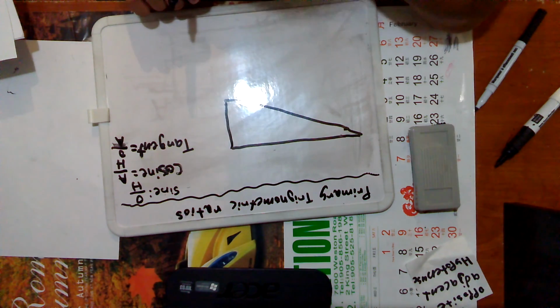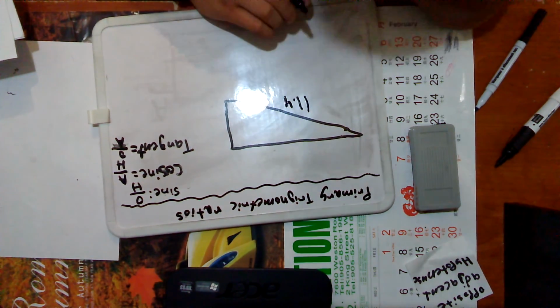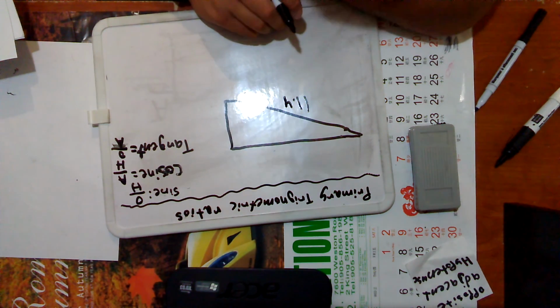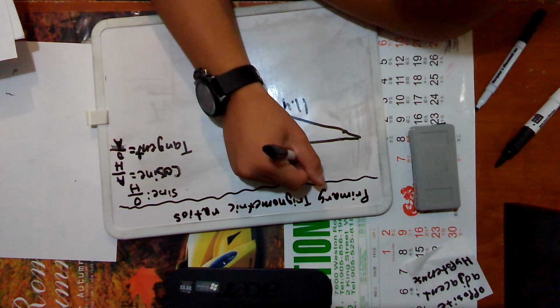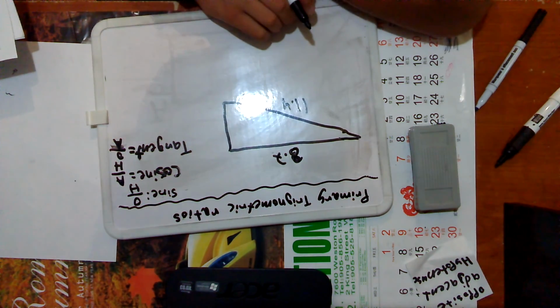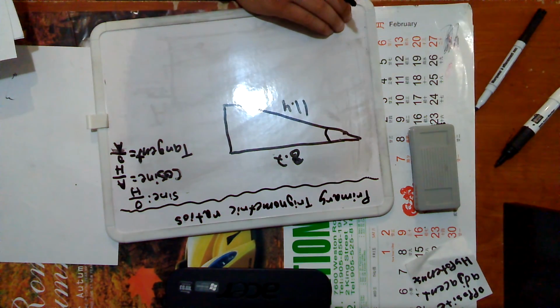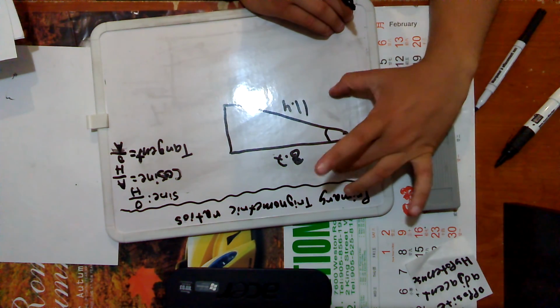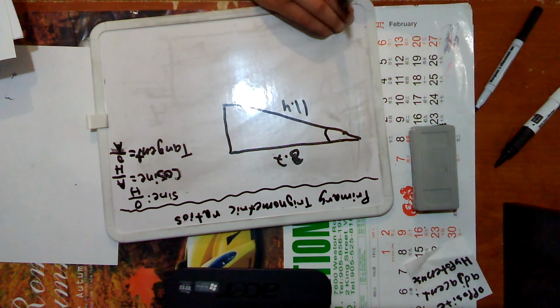Let's just say this is 11.4 and this is 8.7, and our reference angle is here. I can think of any numerical value right now, but I want to calculate and know what value we need. So let me show you an example.